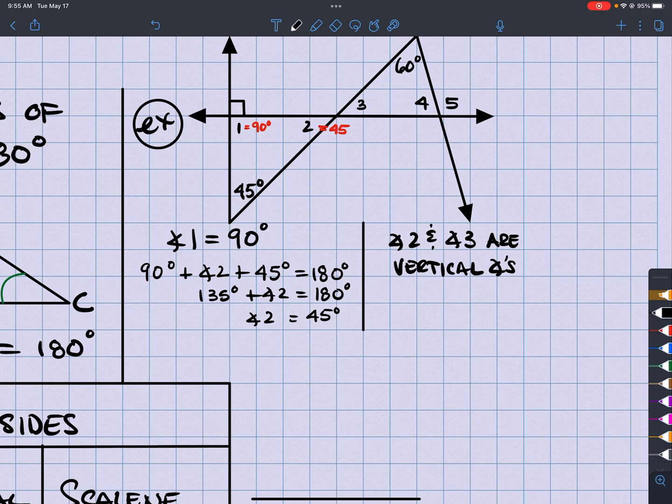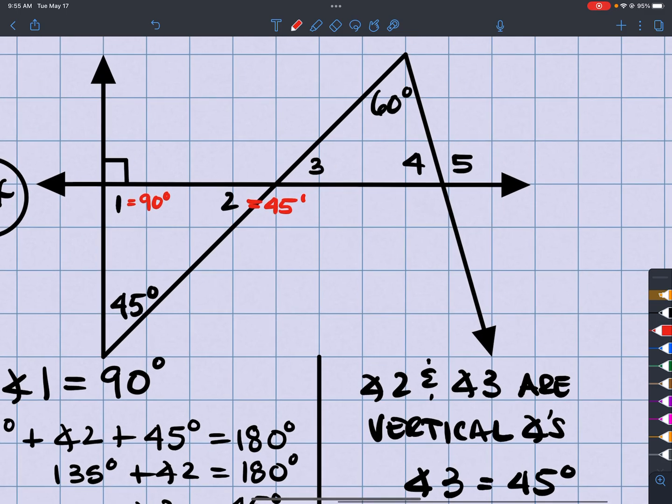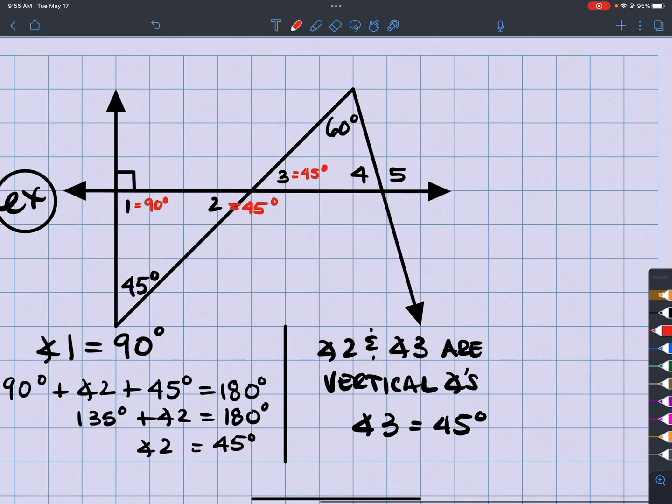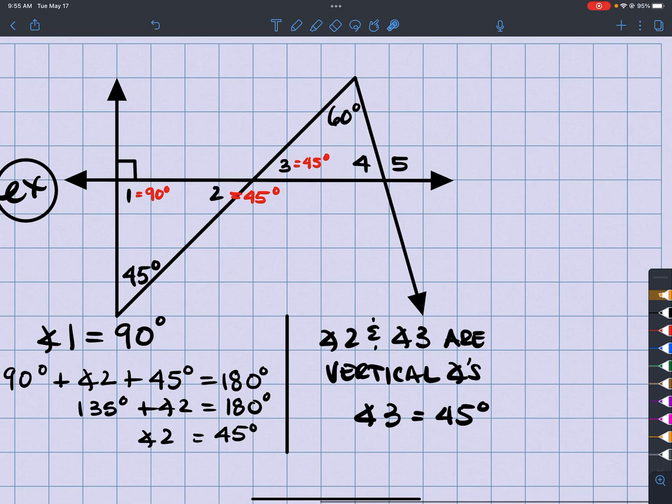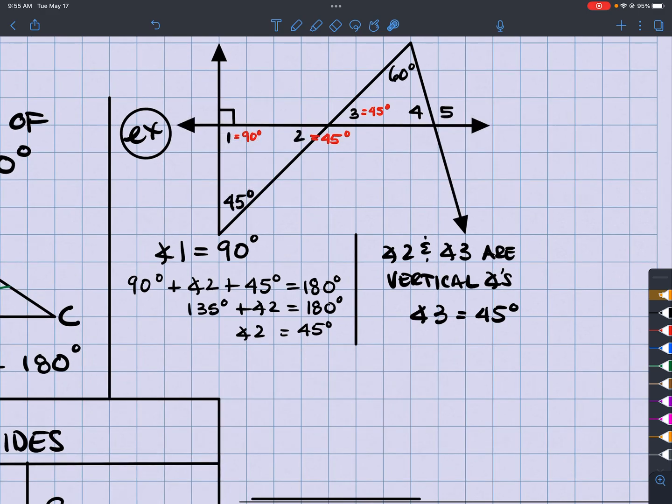So I know that since angle 2 is 45 degrees, angle 3 must also equal 45 degrees. Right? Look at what I have now. I got two angles of the triangle here. So I know that these three angles have to add up to 180 degrees as well. Correct?